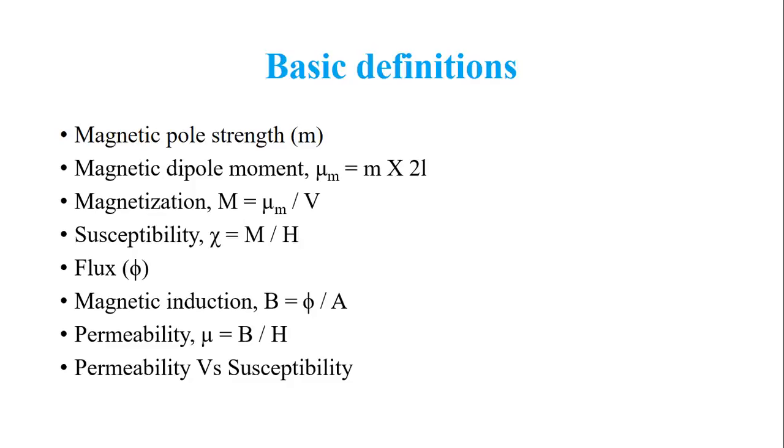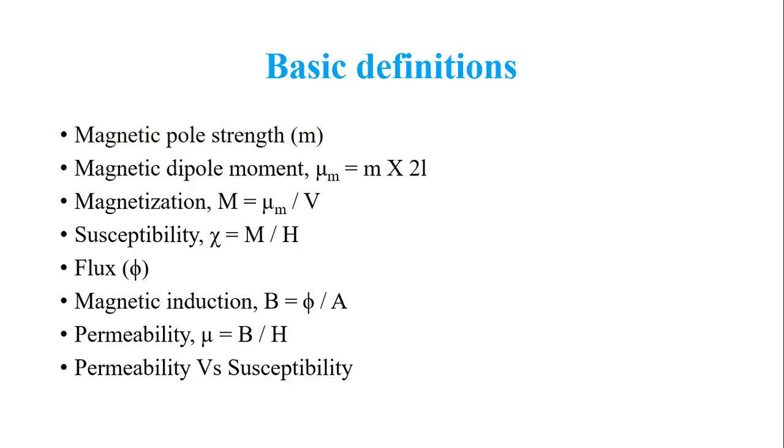So if the pole repels or attracts very strongly, then we have a greater or stronger magnetic pole strength. If it repels or attracts moderately, then it will have moderate magnetic pole strength. If the pole of a bar magnet attracts or repels very feebly, then we say the magnetic pole strength is feeble, very little.